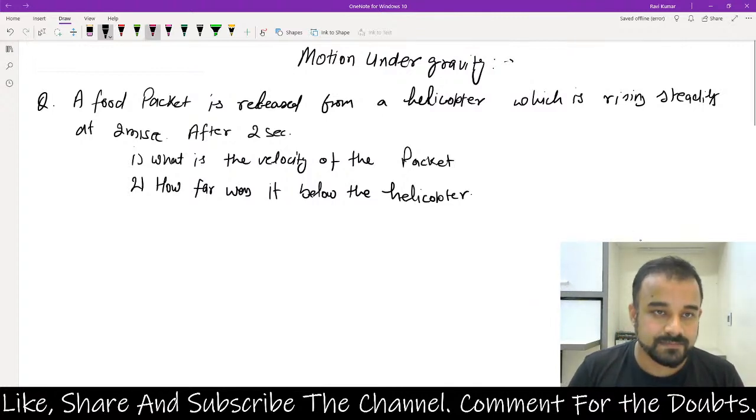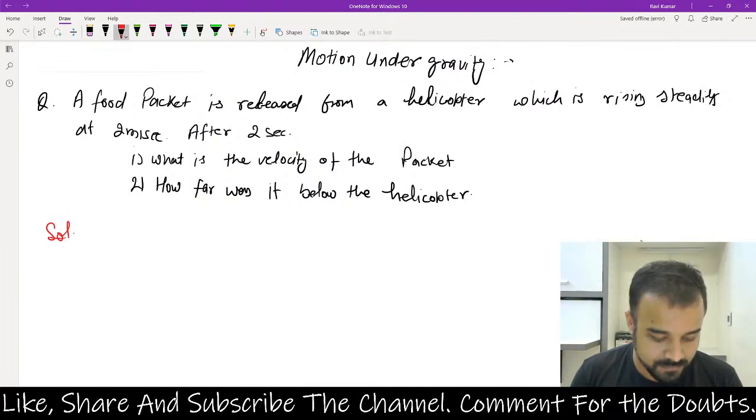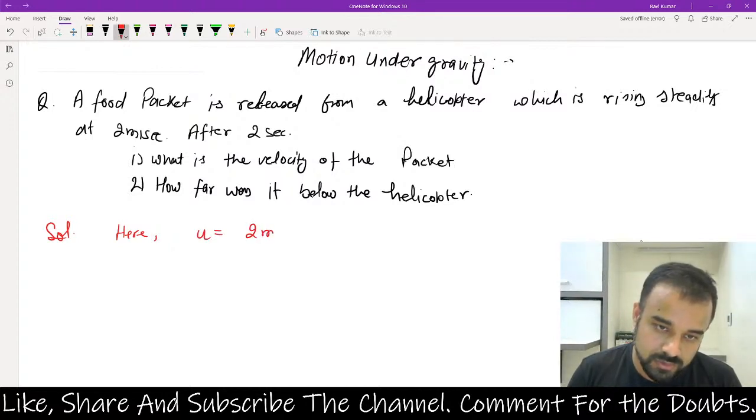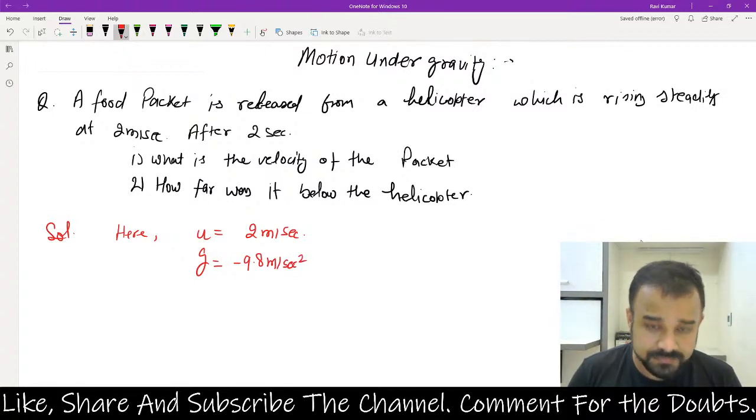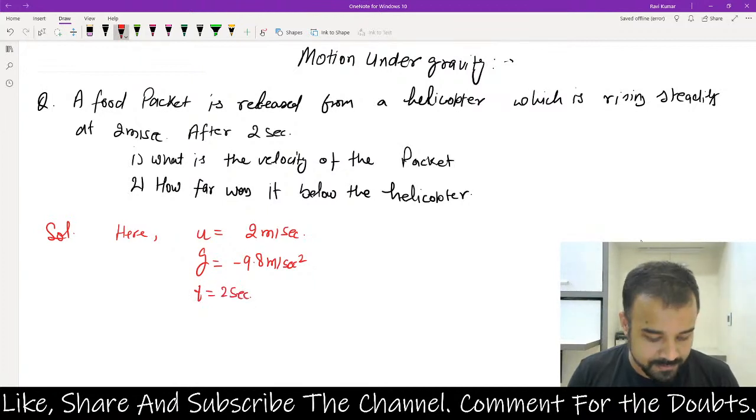Now we can say here u is equal to 2 meter per second, g is equal to minus 9.8 meter per second square, t is equal to 2 second.